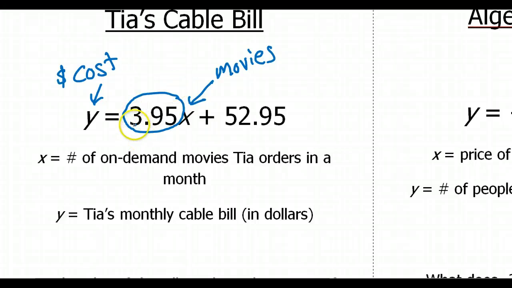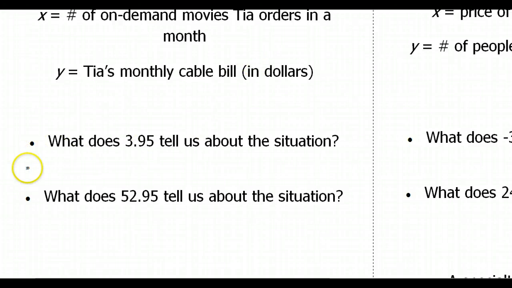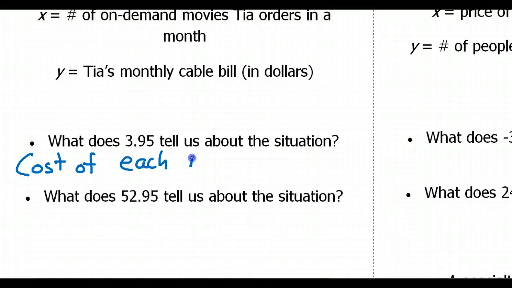So we're doing $3.95 for every movie, because that's what we're multiplying by. So 3.95 per movie. That tells us that the cost of each movie is $3.95.